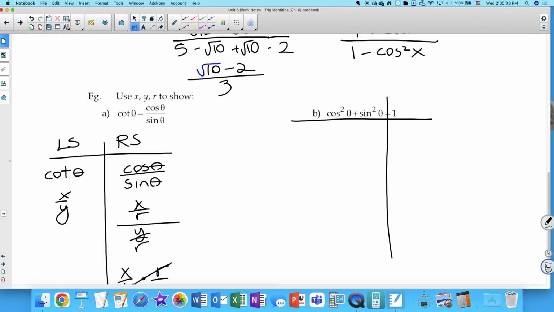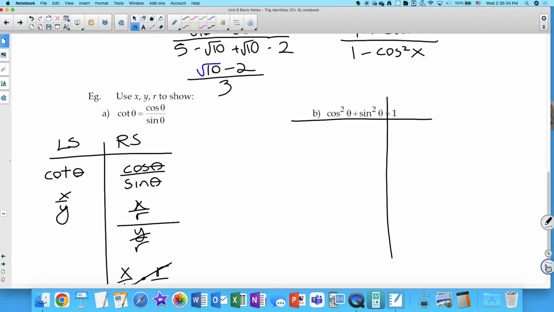We'll talk more about this when we actually start to prove these things, I think on Friday. But typically, it's easier to start with the more complicated side than the simpler side. So start with the complicated side, simplify it, leave the simple part. It's easier to simplify something that's complex than to take something simple and turn it into something complex. Although that's not always the way things go in life.